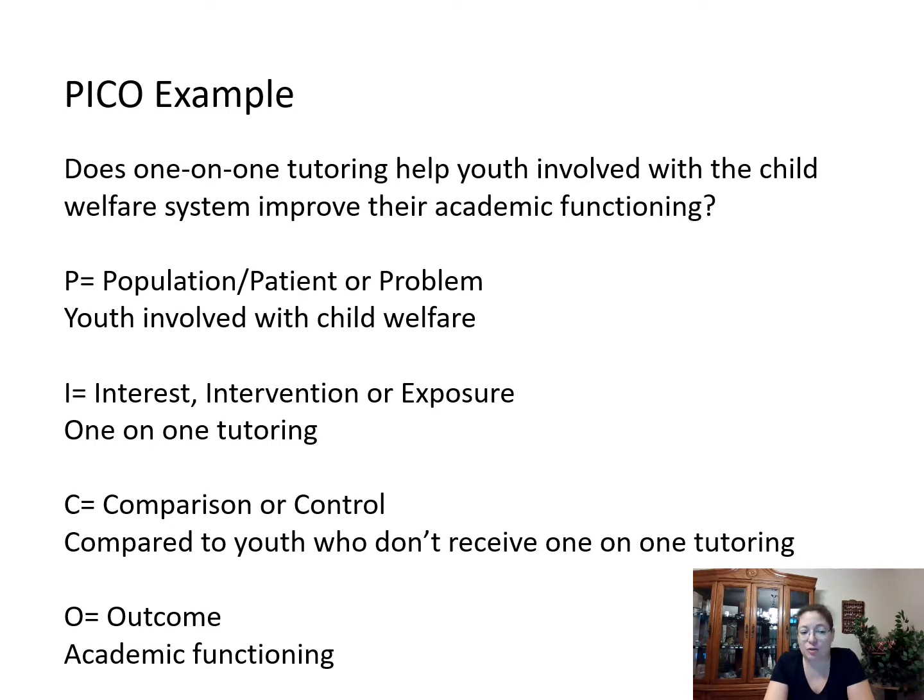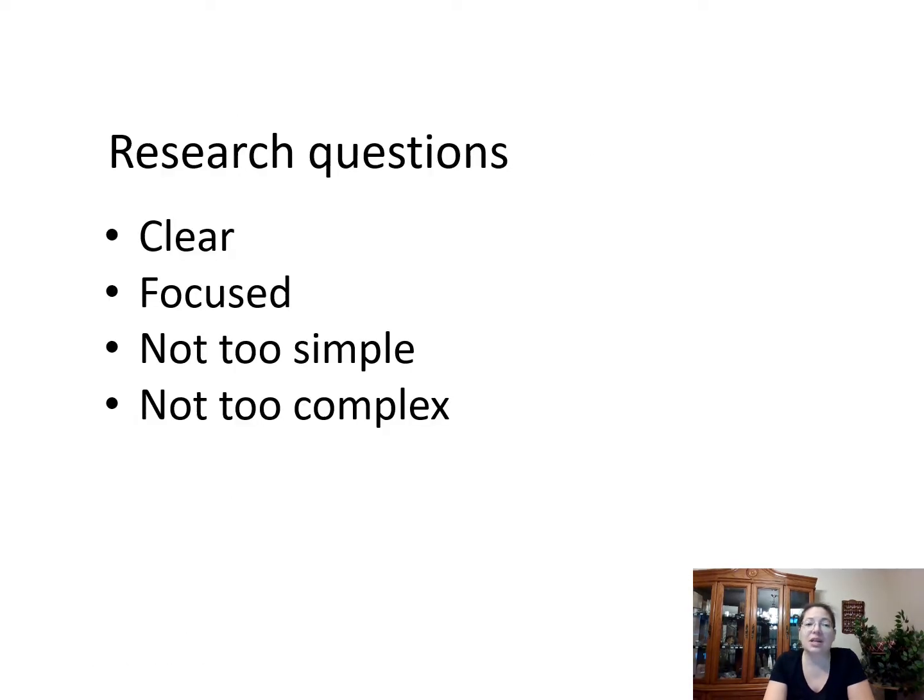The comparison group is the youth who are not receiving one-on-one tutoring, and the outcome of interest is academic functioning. As you can see, these research questions are clear, focused, not too simple, and not too complex. The important thing to remember is that your research questions should address something of importance. It should be something that's interesting to you or to the population with which you work.